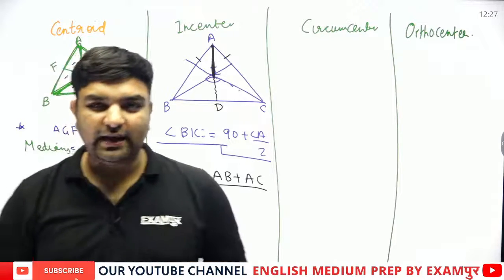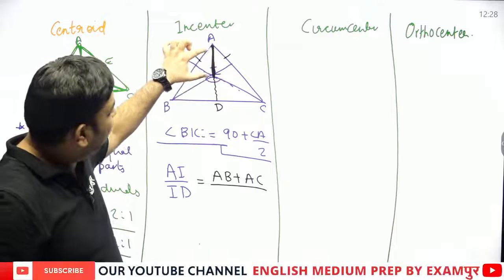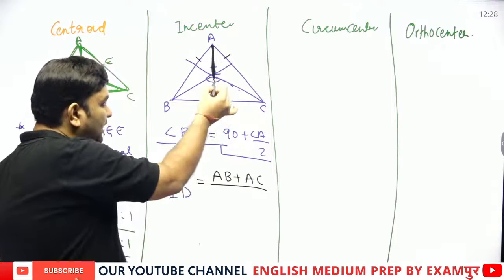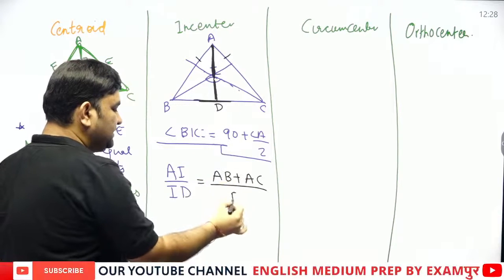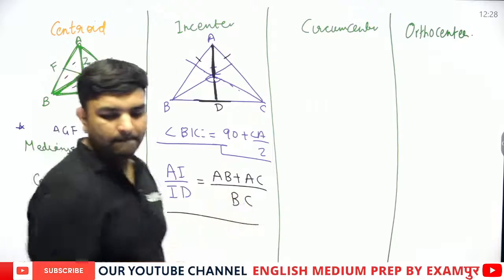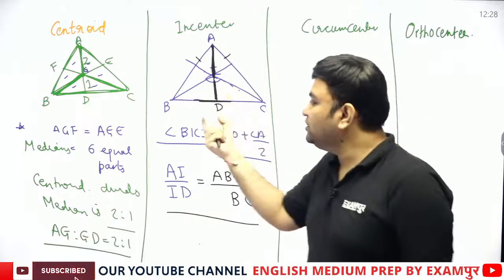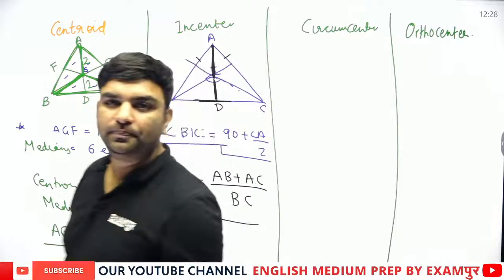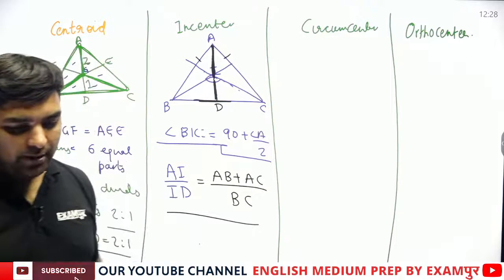And for the ID portion, which is on the side BC, it is upon BC. Clear now, guys? Easy to remember.